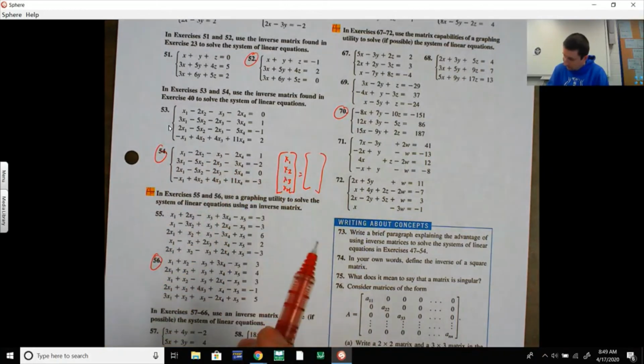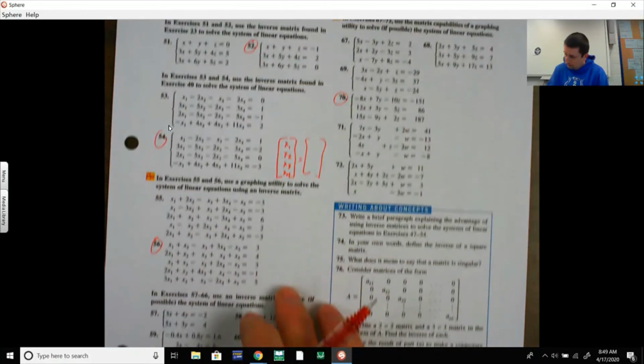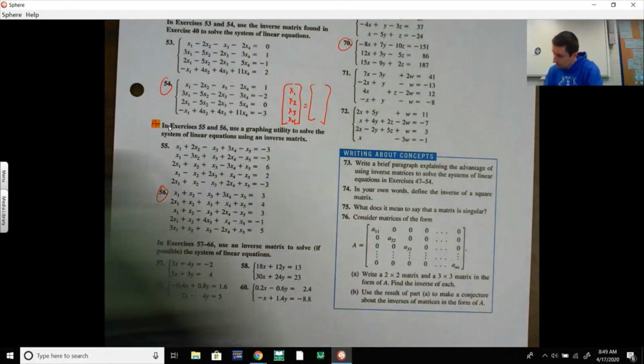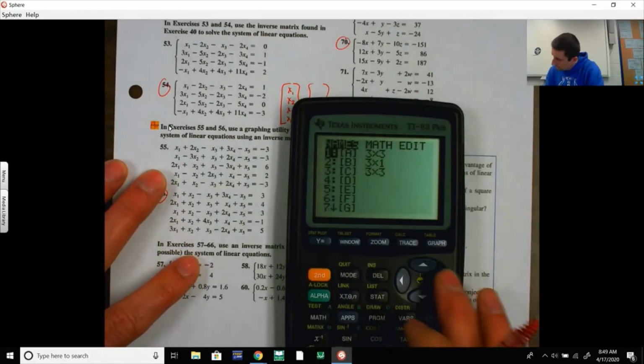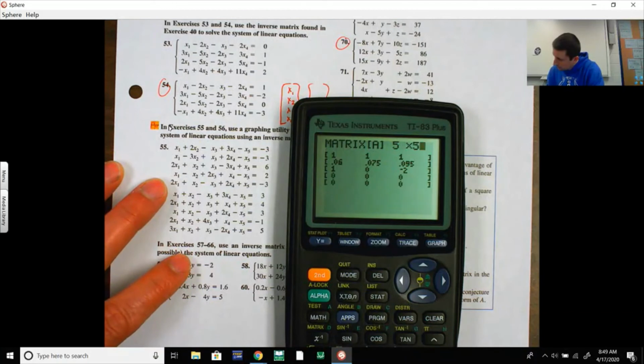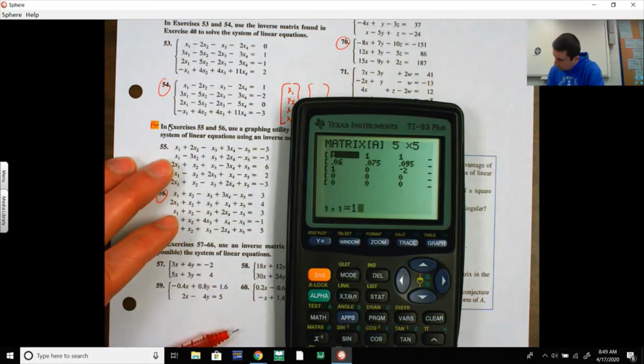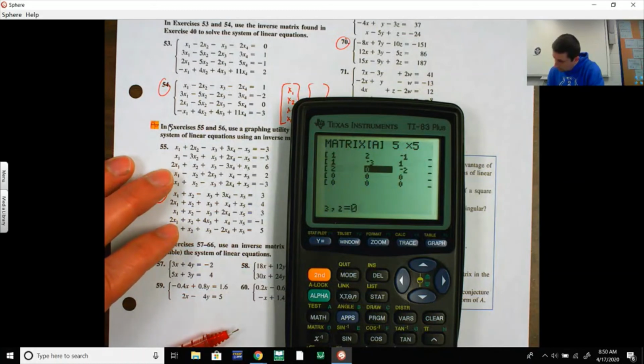Okay, I'll go through 55, a big old one like this. 55 and 56, we're just using these. So for 55, I need a 5 by 5 matrix. So 1, 2, negative 1, 3, negative 1, 1, negative 3, 1, 2, negative 1, 2, 1, 1, negative 3, 1.